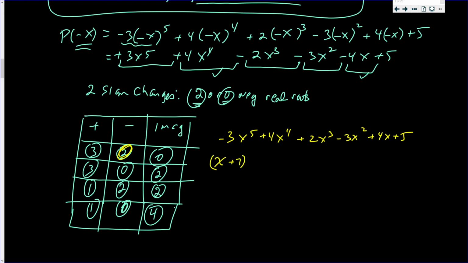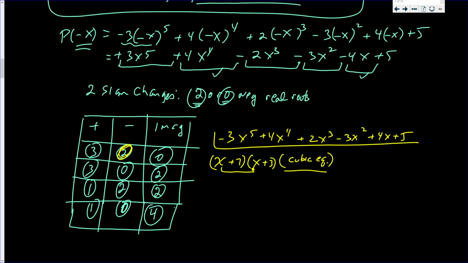And then you find another one, it is negative 3, so it becomes x plus 3. The next will be a cubic equation, because this is going to be x squared. And what do you multiply an x squared by to get x to the 5th and x to the 3?